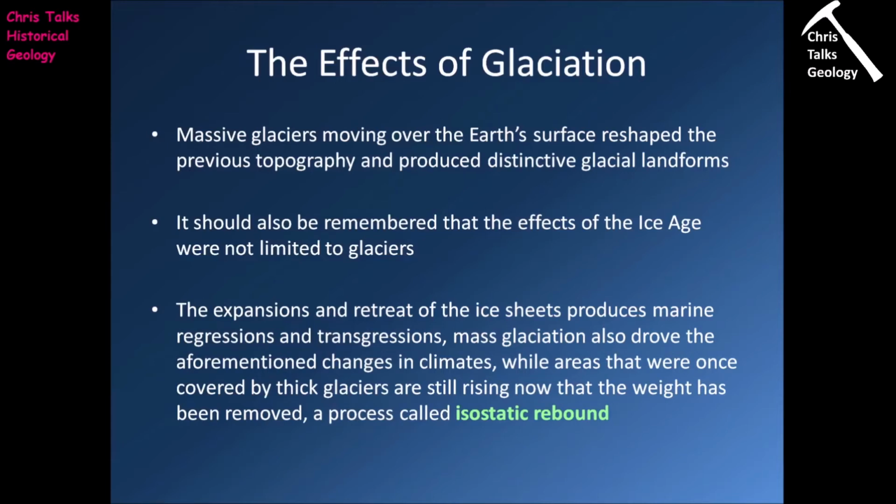And then once the glacier melts and retreats, the crust is going to bounce back up, a bit like a trampoline. Now, the thing is, this process isn't quick. So even though the last ice age ended 12,000 years ago, there are still areas of the Earth's surface which are rebounding back upwards. So this is called isostatic rebound.